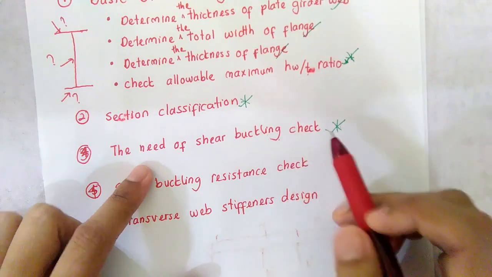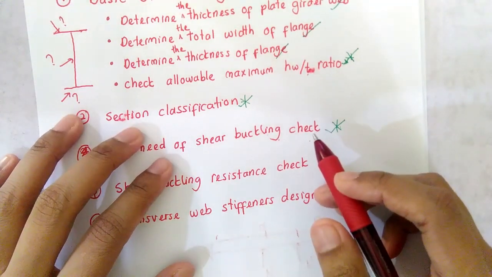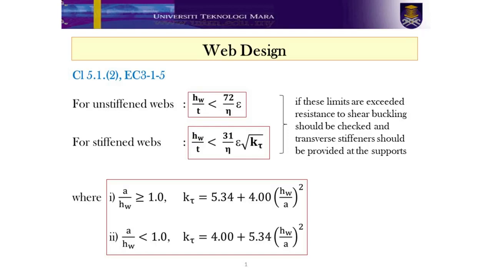Here you need to refer to clause 5.12 of EC3 part 1-5, where you can see there are two conditions. The first is for unstiffened web, where the slenderness ratio of the web must be less than 72 over eta, whereas for stiffened web there is another condition that you need to satisfy.